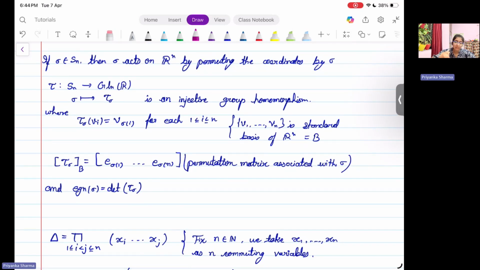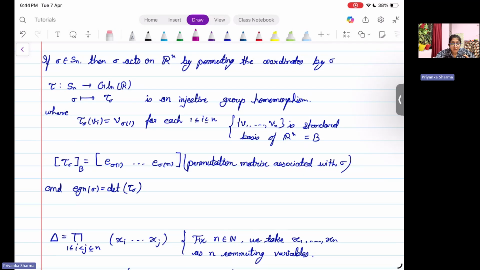What is tau_sigma and how can we find the determinant? This is the way to determine tau_sigma. Tau_sigma is the permutation matrix which is associated with the permutation sigma.